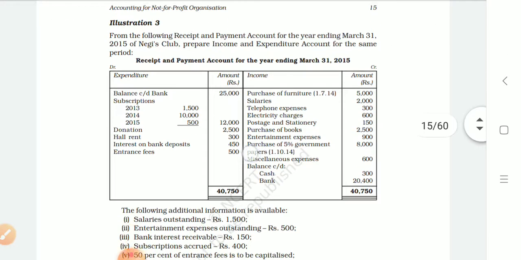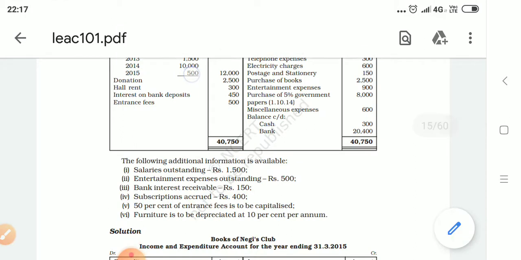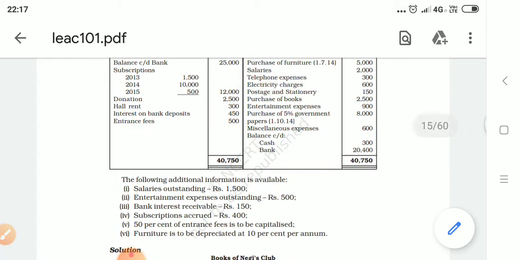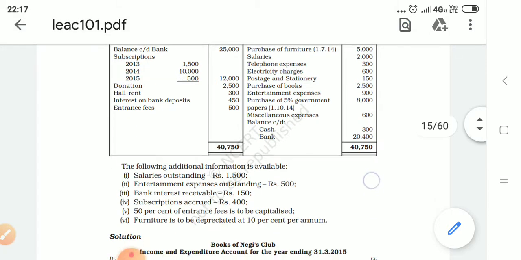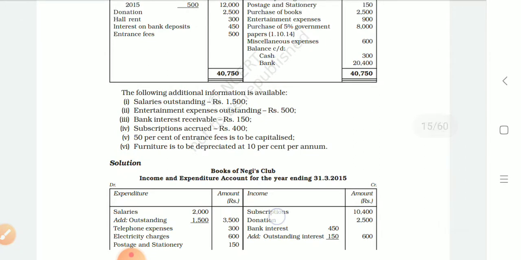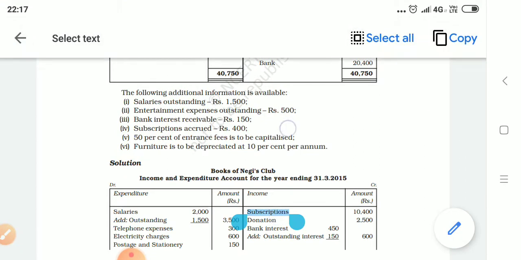When you have such 3 divisions of subscription, always take only the figure pertaining to the current year, 10,000. I hope you remember receipts, income. So only 10,000 rupees will appear in the income side of income and expenditure account.